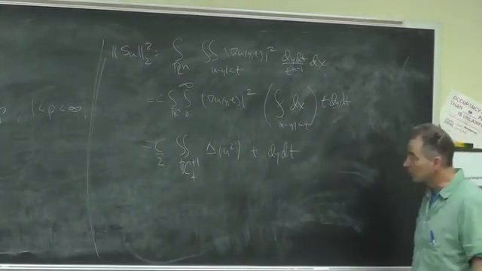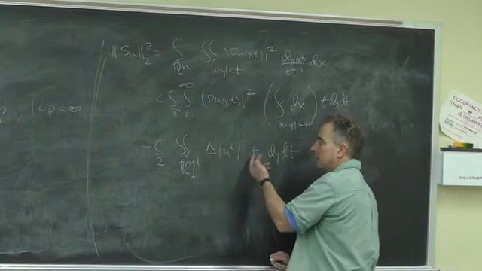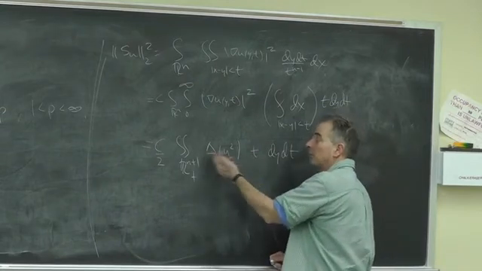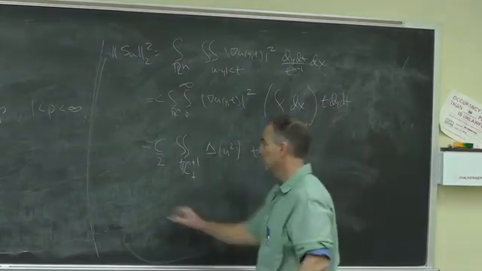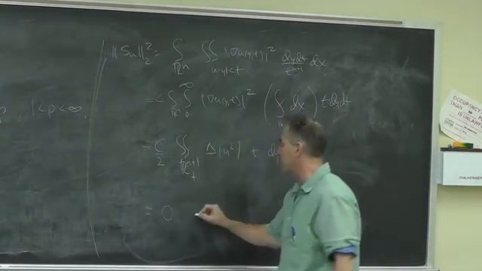Now just use Green's theorem. Notice that t is itself harmonic. So when the Laplacian lands on t, I get 0. So it's just 0 plus the boundary terms.